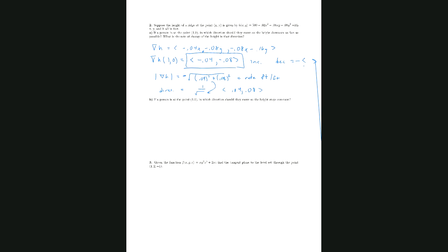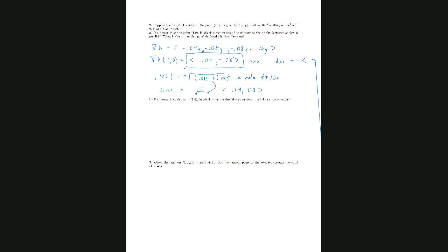On the quiz, I'll try to make it so the numbers come out a little bit nicer. These are not that great. So give me a direction such that if I move in that direction, it will remain constant. Right. So in some ways I was going to do the same thing.